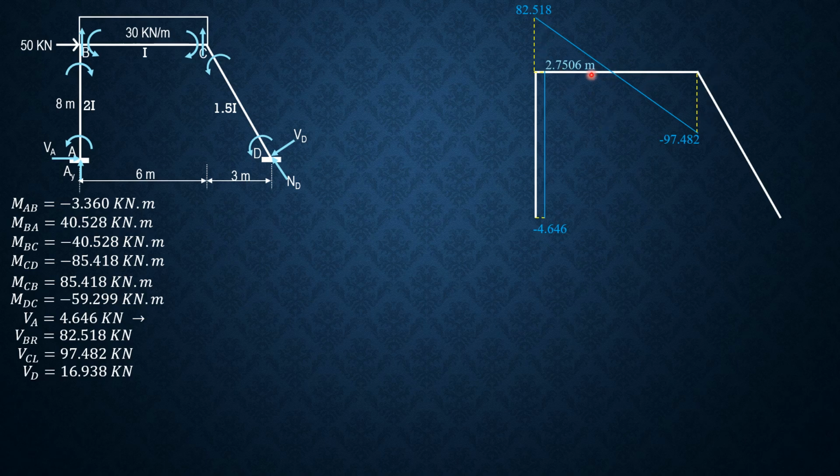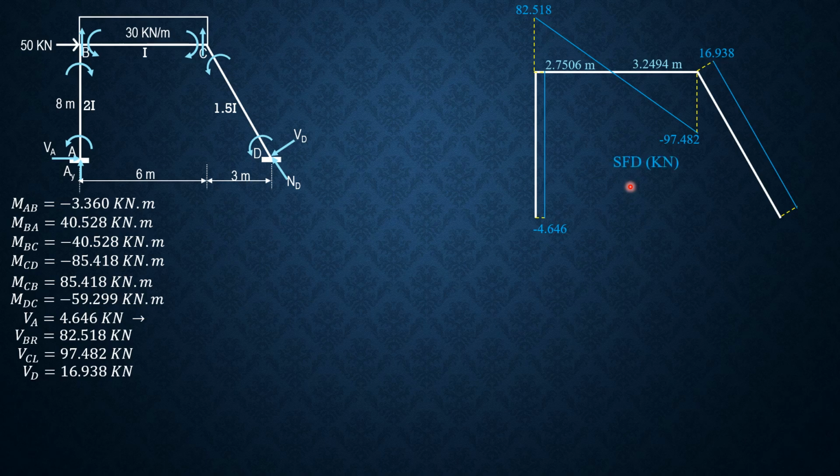So this is 6 minus 2.7506, 3.2494 meters. Then on this face, we begin with positive 16.938, and constant, it should close here. So this is the shear force diagram in kilonewtons.